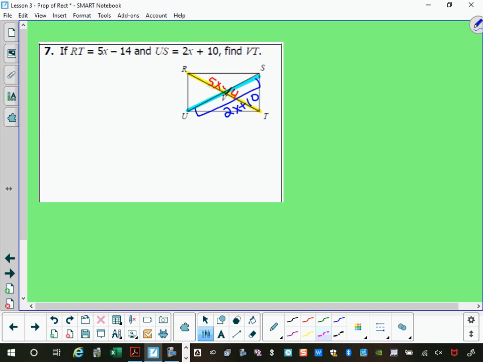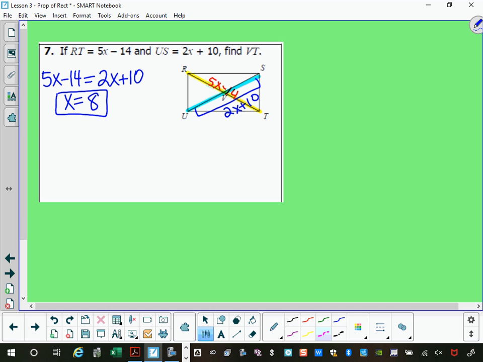If diagonals are congruent and they bisect each other, how do I set this up as an equation? They're going to be equal to each other. So we have 5x minus 14 is equal to 2x plus 10. What do you guys get for x? Y'all agree that is 8? Yes, that's what I got.